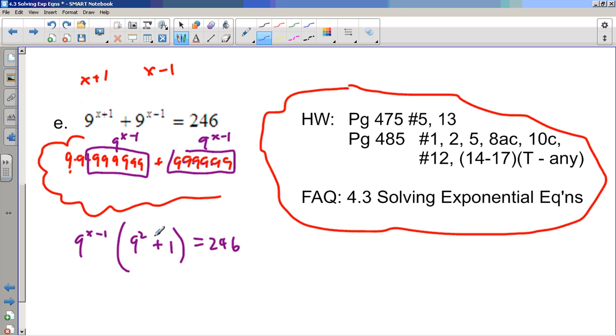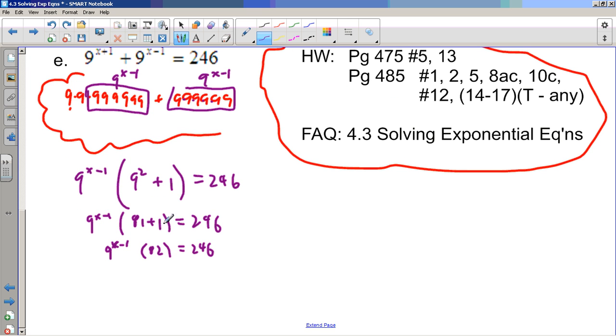Well, this bracket here is just 81 plus 1, and 81 plus 1 is 82. Then I'm guessing if I divide both sides by 82, this will go evenly. And in fact, it does. That's 3.